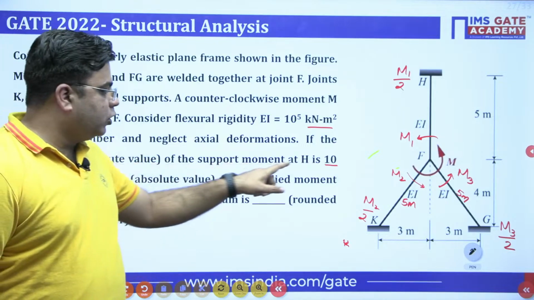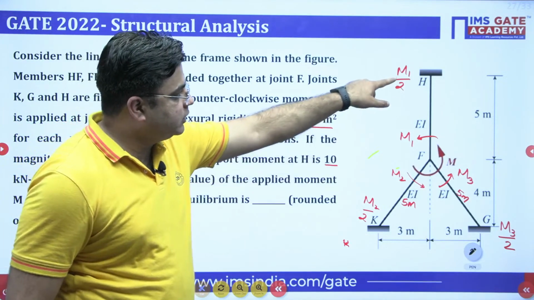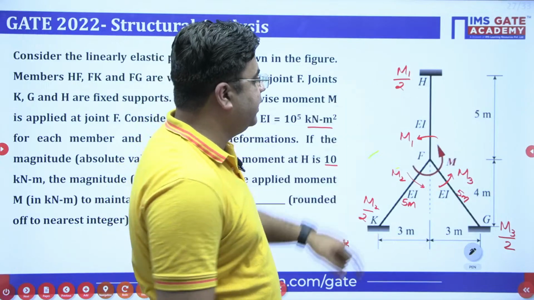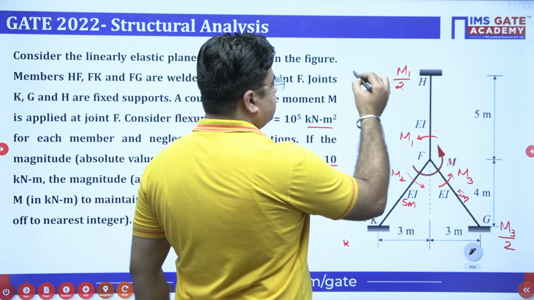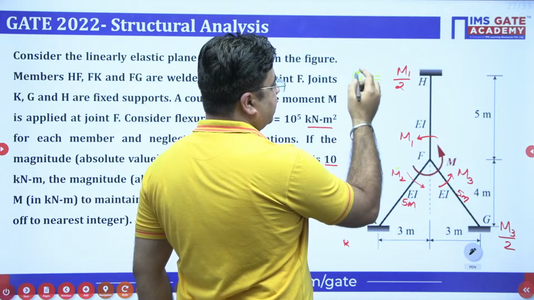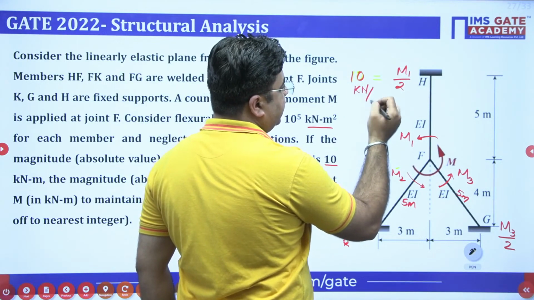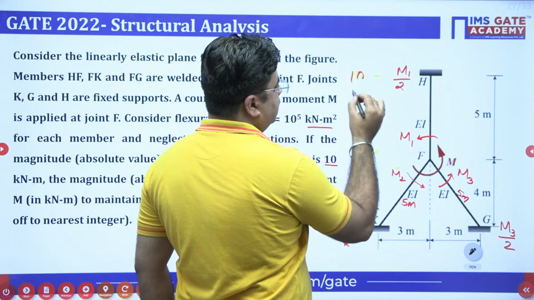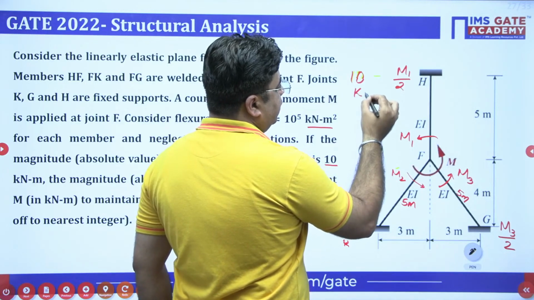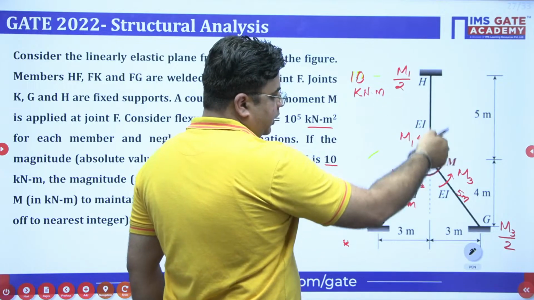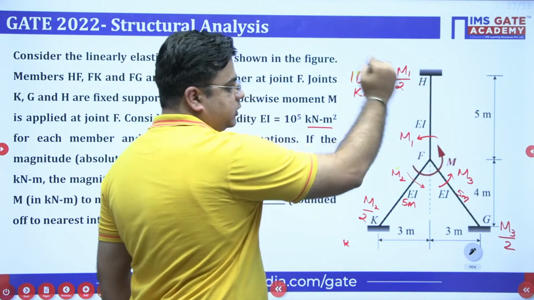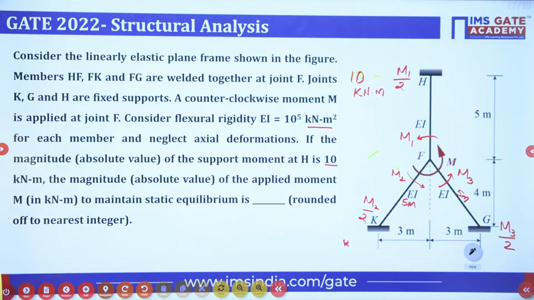I know the support moment at H, and this is given as 10 kilonewton meter. This is 10 kilonewton meter, right? So I bother only about this moment in the member FH.